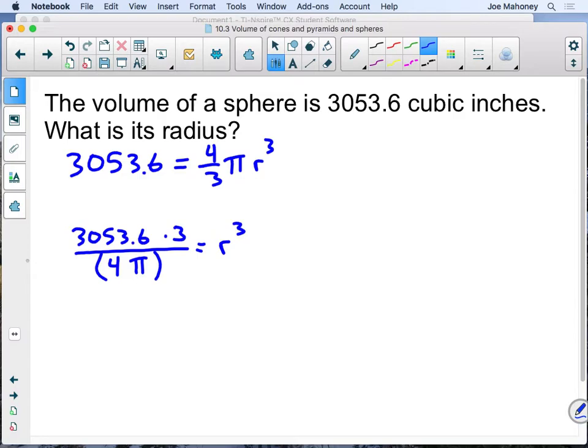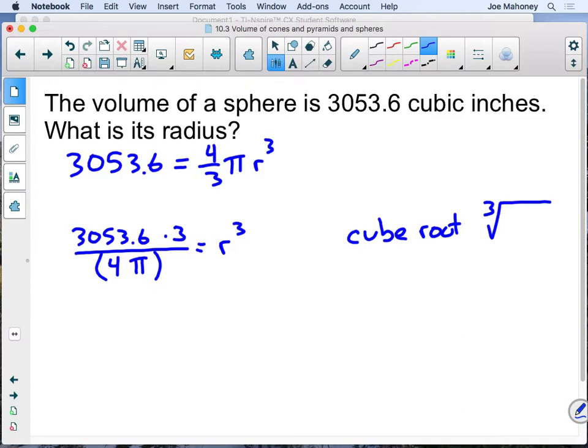Now, let's talk about how to undo it. Because you know from earlier that if you have r squared equals 16, if it's squaring, you take the square root. So if we do cubing, to undo it, we have to do what's called the cube root. And on a calculator, it would look something like this. The cube root has a symbol like a square root symbol on it.